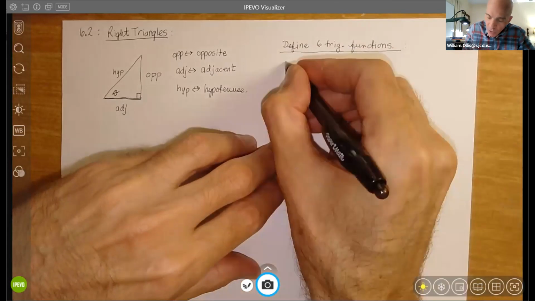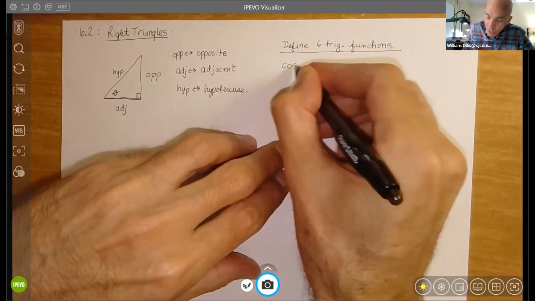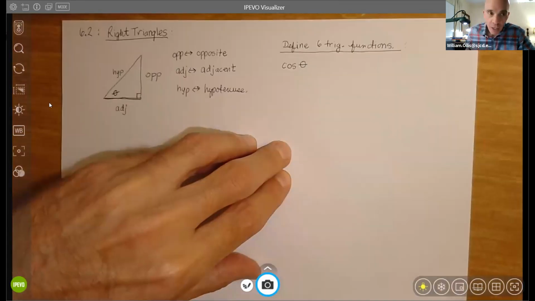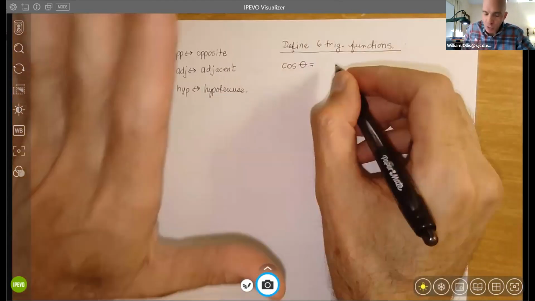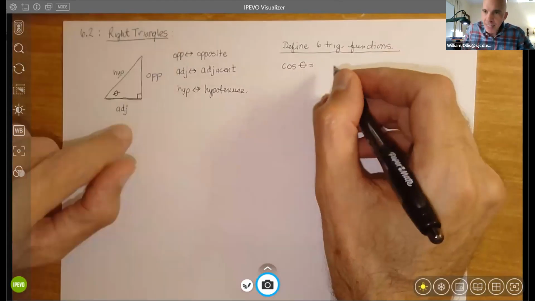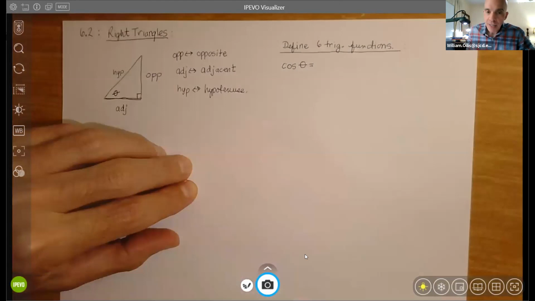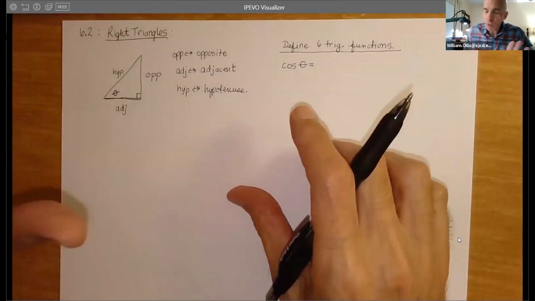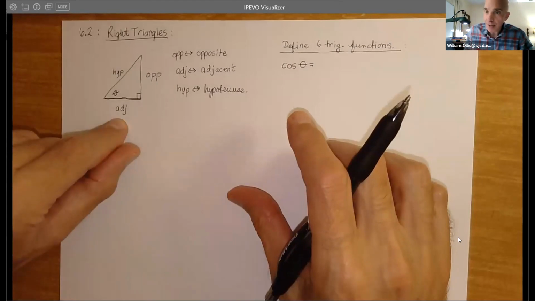So what we're going to do is define cosine theta. We're going to use the same abbreviations, cos for cosine theta, and we're going to define that to be, now, again, let me just specify because we're lazy. ADJ not only specifies the adjacent side, but we're going to make it have a double meaning. It will also specify the length of this side.